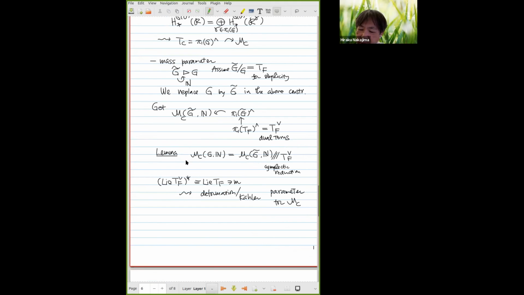Then the crucial point is this observation. I'm not sure whether this is known in physics or not, but it is not so difficult to state. The Coulomb branch of the original theory is a symplectic reduction of the Coulomb branch of the larger theory. So this is the crucial statement.